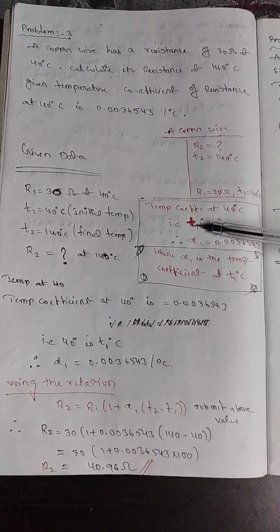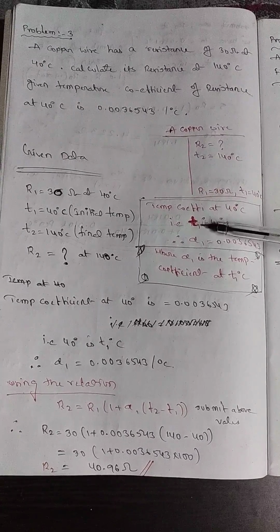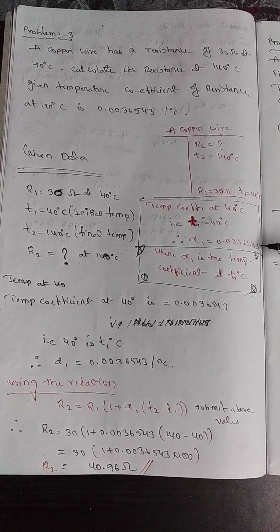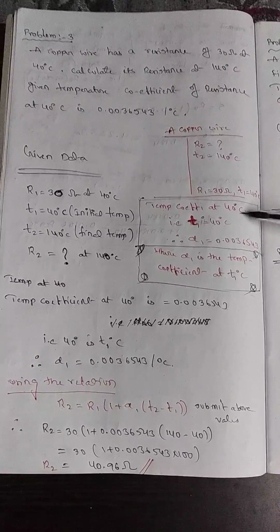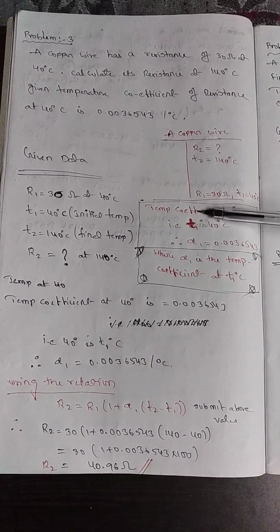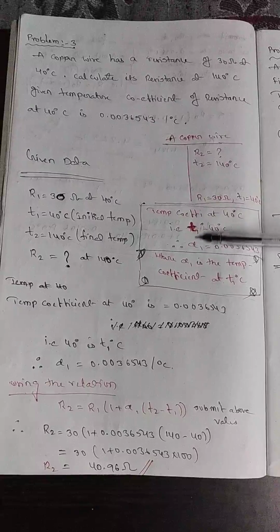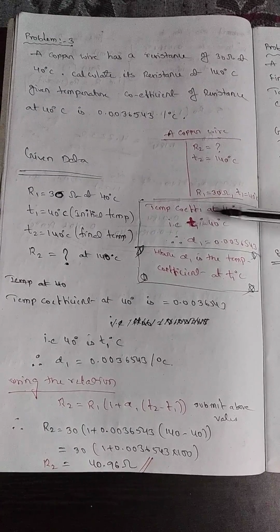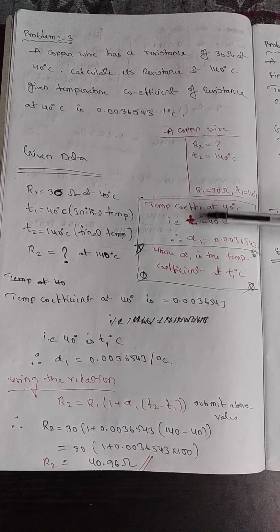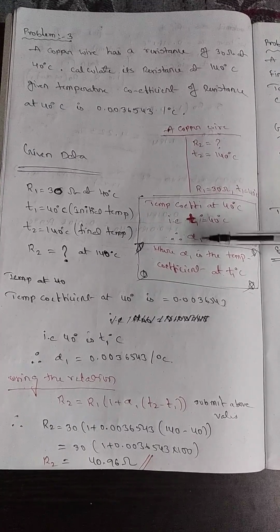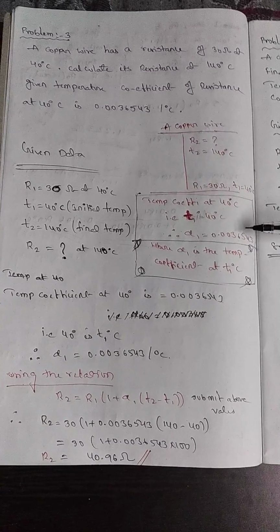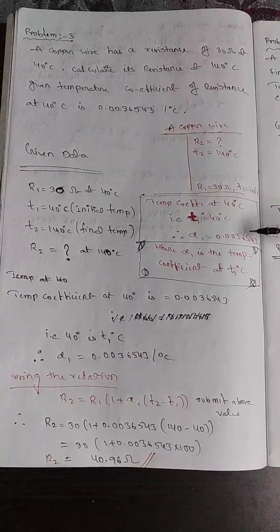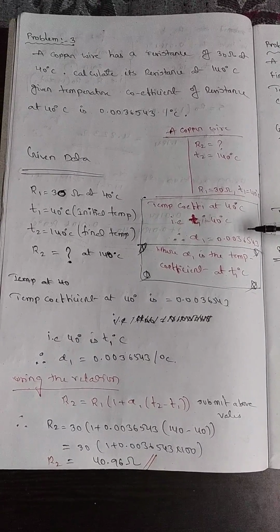So once T1 is there, it is alpha 1 equal to 0.0036543 per degree centigrade. By this small logic, we came to know that alpha 1 is the temperature coefficient at T1, where the T1 temperature value is 40 degrees centigrade. So 0.0036543 per degree centigrade is the alpha 1 value.